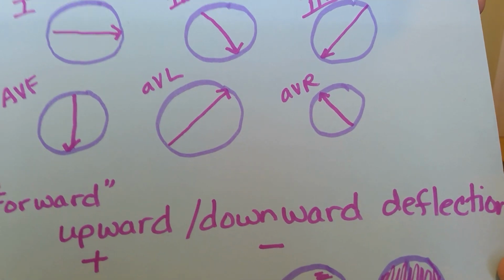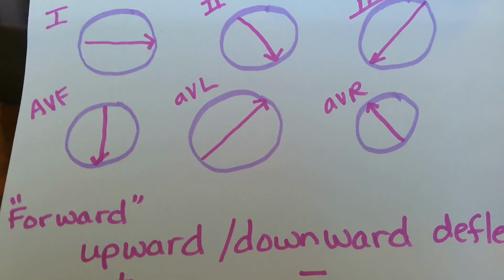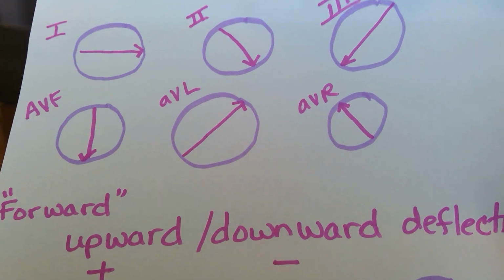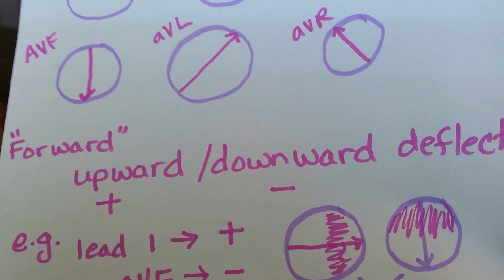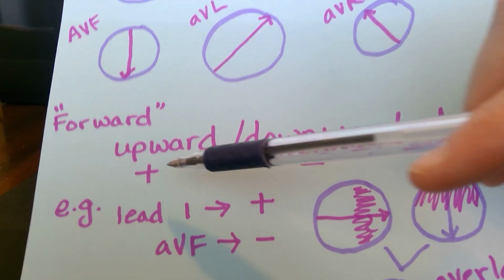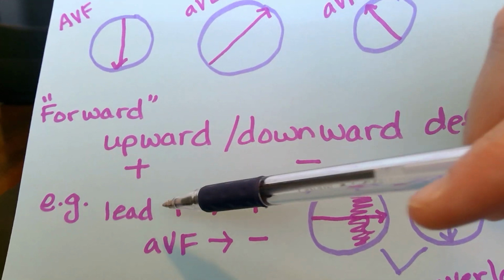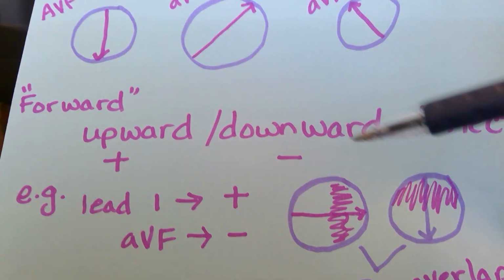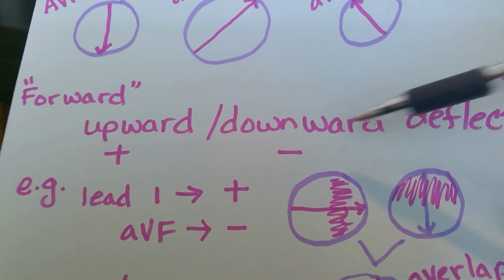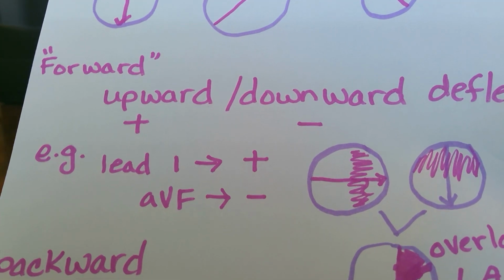I will ask you to use the visual trick in both a forward and a backward fashion. What does forward mean? First of all, if I tell you which 2 leads you're using, and I tell you if there's an upward or positive deflection or downward or negative deflection for those leads.